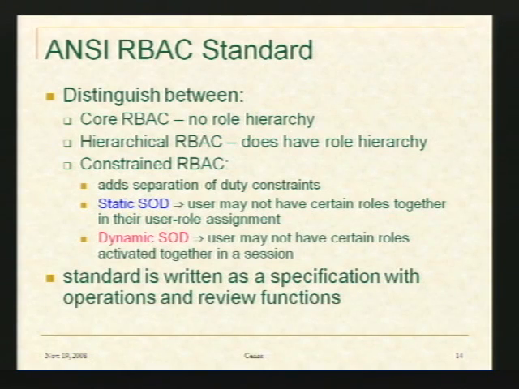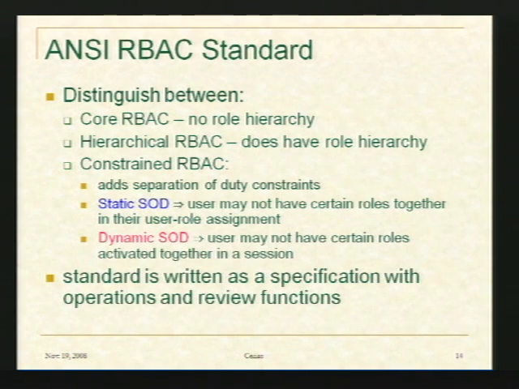The most common constraints that people talk about are static separation of duty, which applies to the user role assignment, and it says that when 2 roles are in a static separation of duty relationship, they should not appear in a single user's user role assignment.